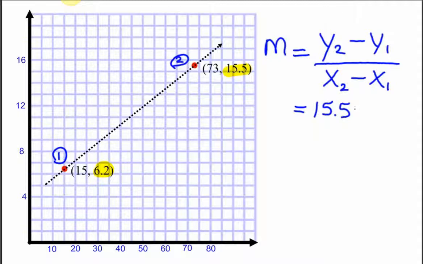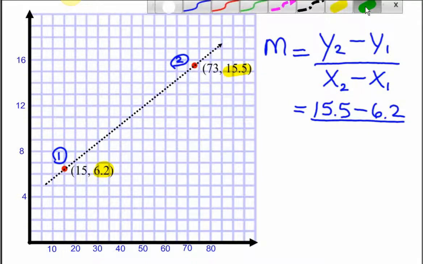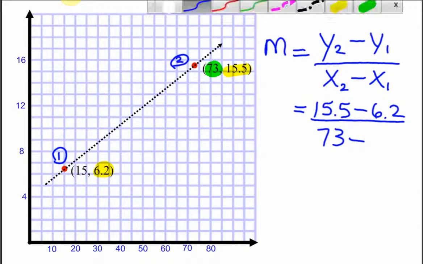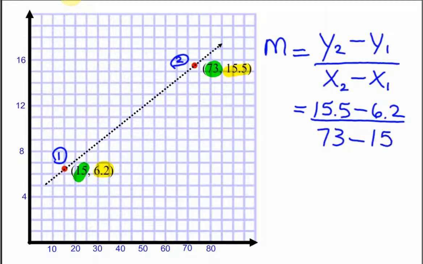And so we're going to subtract 6.2, divided by, well, same deal. We need the x-coordinate now for point number 2. There it is. So it's 73 minus, and what do we got here? We got 15 for x1. So minus 15.